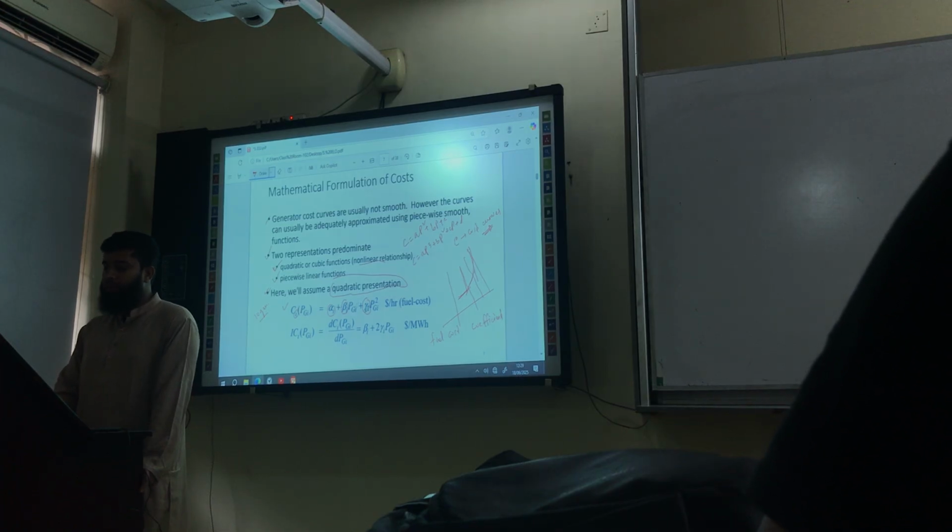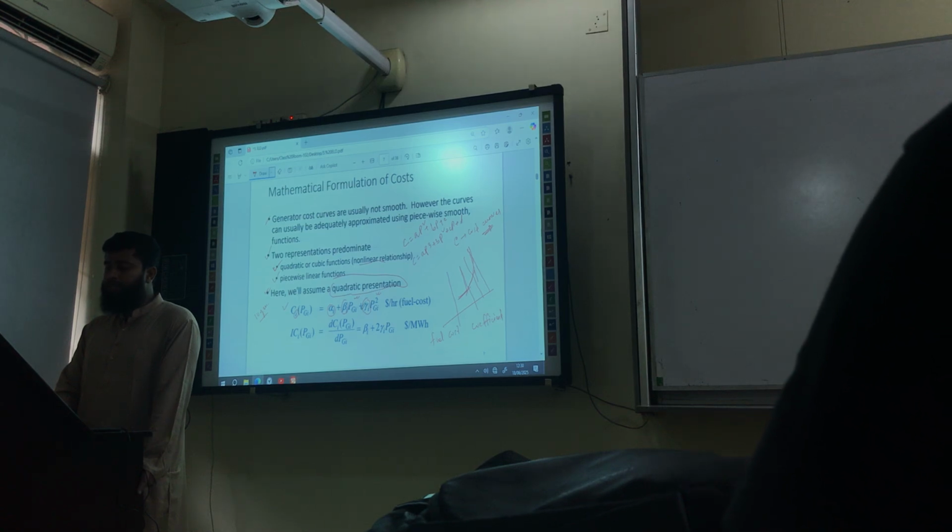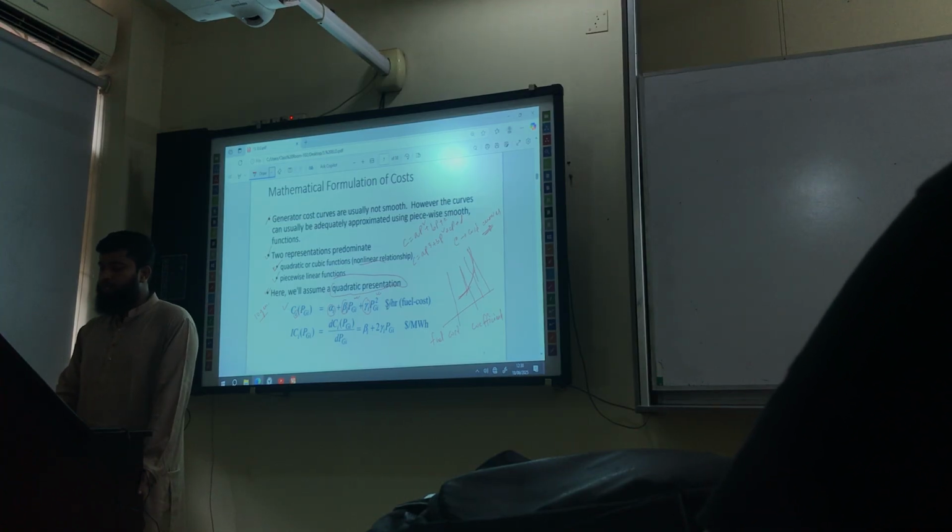These values will be given in your problem, either in a table or directly. So what is your only unknown parameter? That is PGi, the power generation from unit i. Depending on this PGi, you will get the cost Ci. The unit is dollars per hour because this is the fuel cost. Now from this fuel cost, can we find the incremental cost?